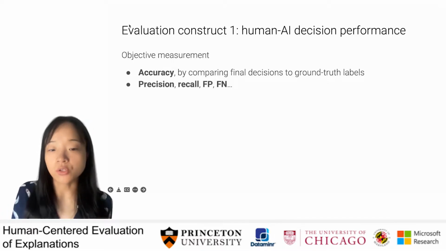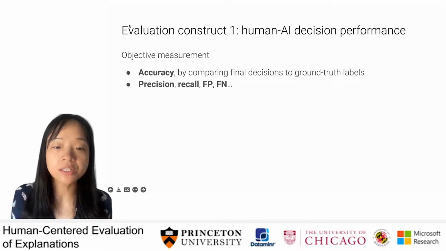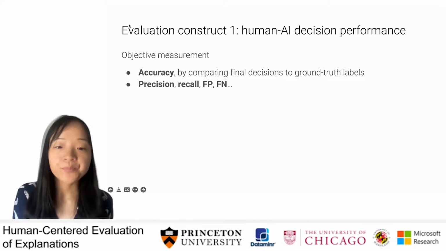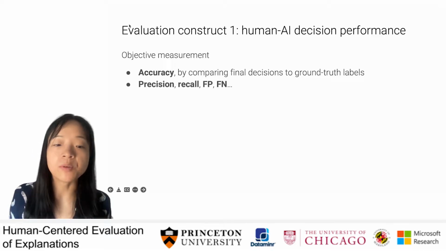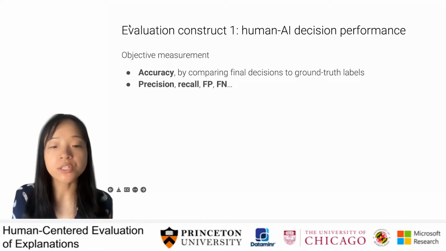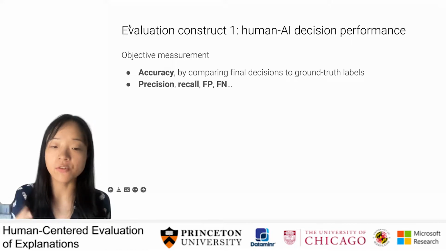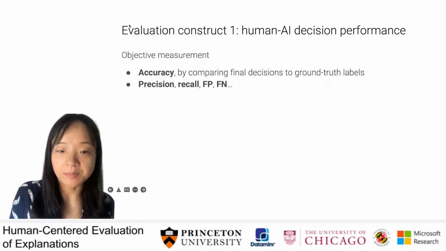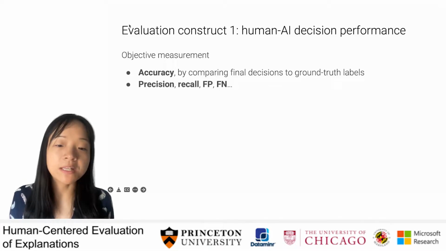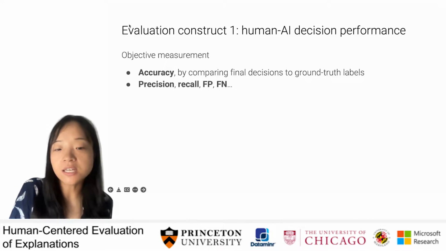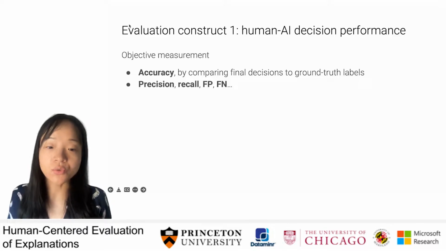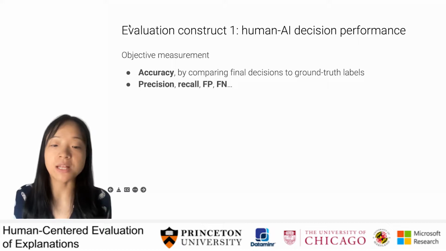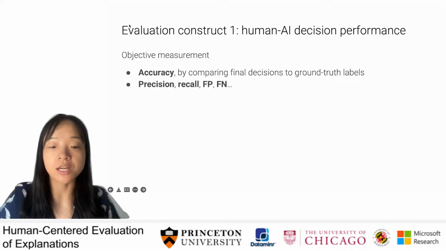As you have the ground truth label of the correct decisions, you can measure the human-AI decision accuracy easily. You can use other common performance measurements such as precision, recall, false positive, false negative, and so on. You can get such measurements for each participant, then compare the performance between participants in condition 1 and condition 2 by a statistical test, then conclude whether showing explanation improved the decision outcome.